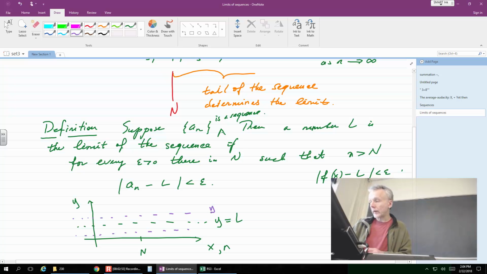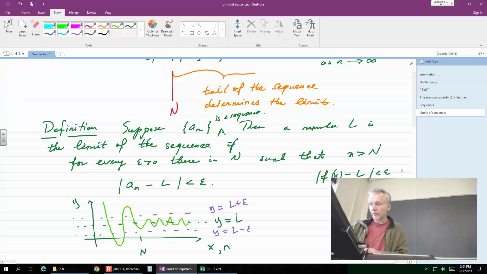So this is y equal L plus epsilon, and this one is y equal L minus epsilon. My graph of the function, or just the graph of my sequence, has to remain within this band. It might start wildly like this, but then as it reaches n, it's supposed to stay within it. Like this.